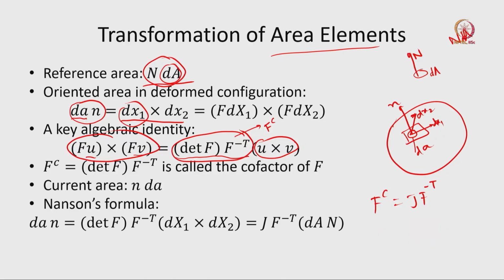So Nanson's formula relates the deformed area element to the undeformed area element through the cofactor. That is a very important thing because stresses always act on areas. So for the transformation of stresses, you will naturally need these kinds of formulas for transformation of area elements.